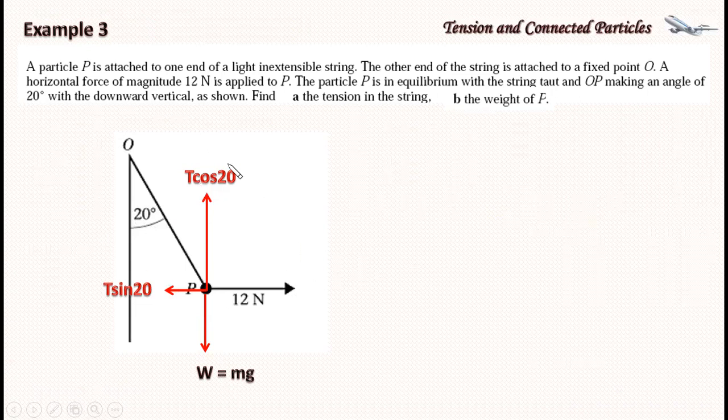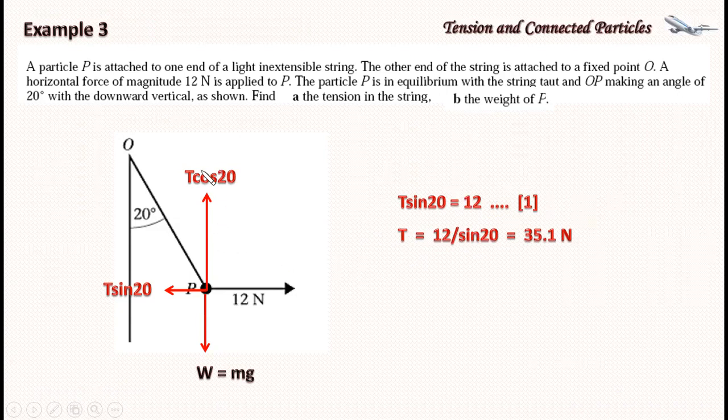Now that the system is in equilibrium, the sum of upward forces should be equal to the sum of downward forces, and the sum of forces to the left equals the sum of forces to the right. Looking at the horizontal components, T sine 20 is equal to 12 newtons. So we can find the tension directly: 12 divided by sine 20, giving 35.1 newtons.